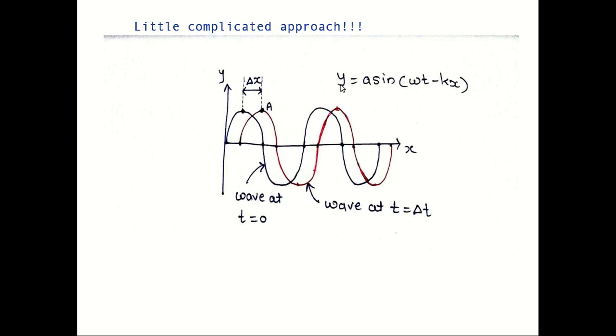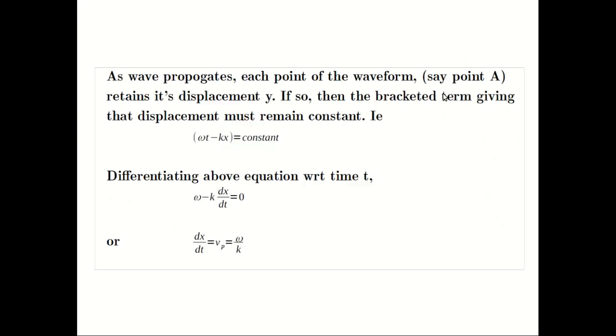So, if we say a particle or a point on a wave is trying to retain its original y displacement, that is, it is trying to keep y constant, then we can say this bracketed term is equal to constant. So, omega t minus kx equals constant.